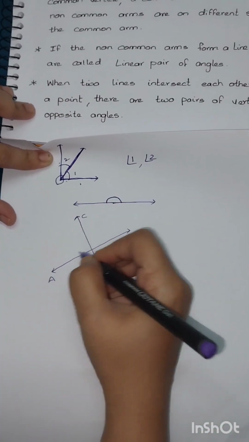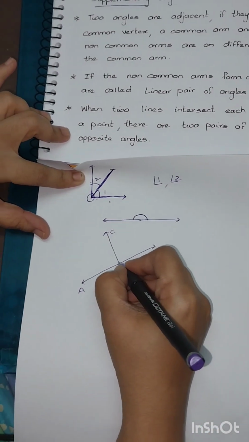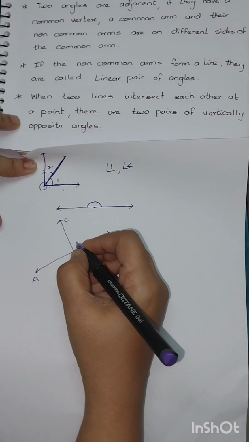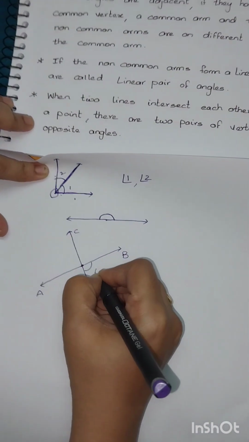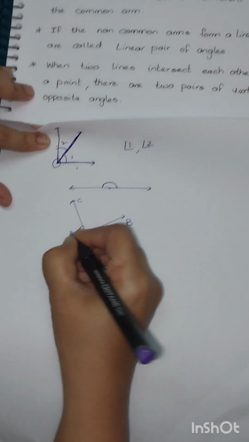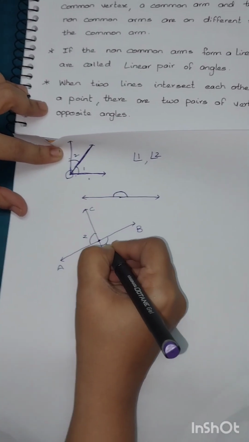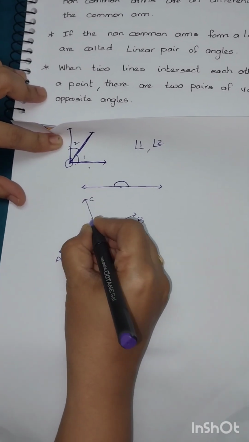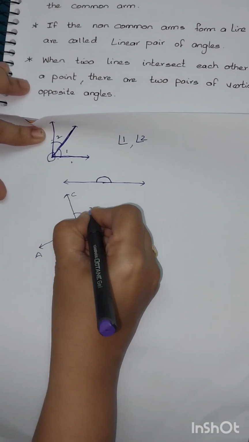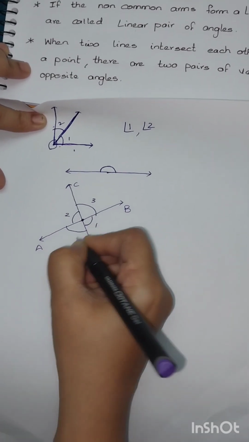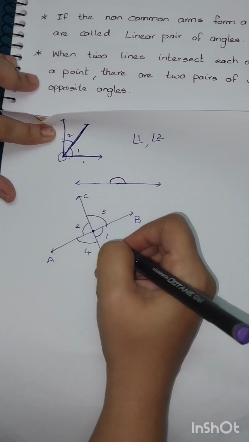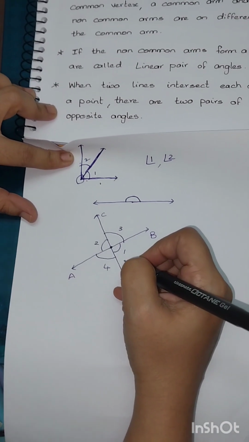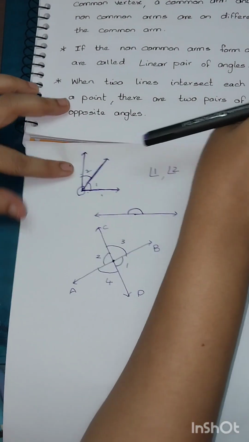So, when two lines intersect each other at a point, there are two pairs of vertically opposite angles. See, this is angle 1, this is angle 2. These two are vertically opposite angles. This is one pair, and this is angle 3, this is angle 4. So, this is another pair. There are two pairs of vertically opposite angles. Okay. And we'll go to the next point.